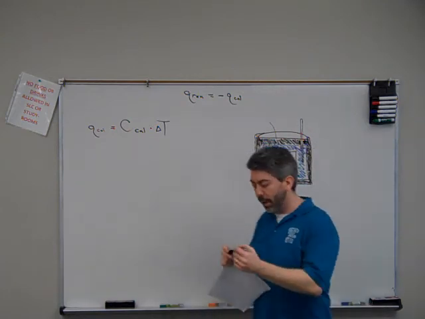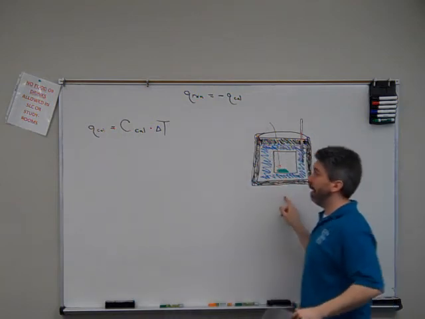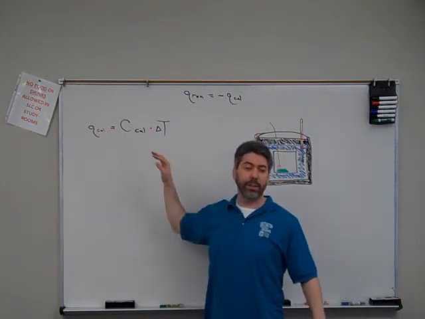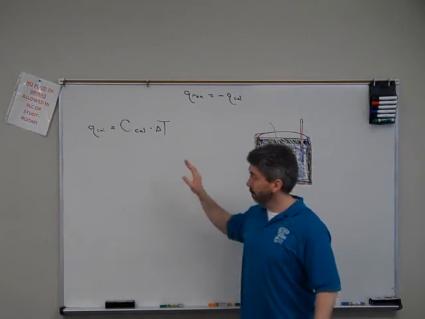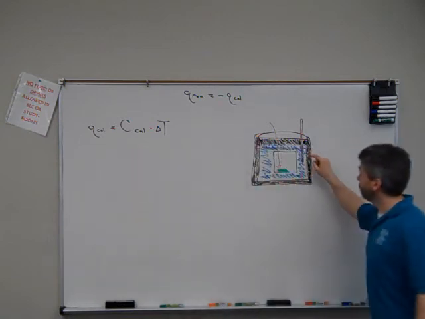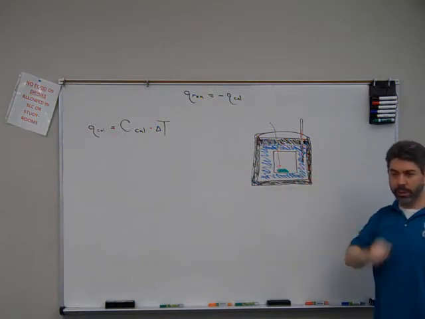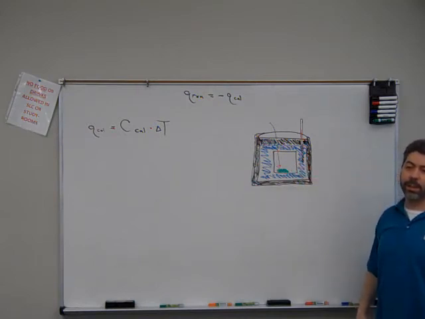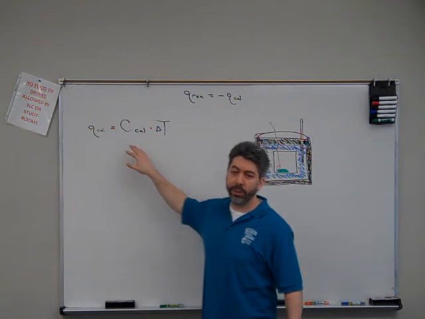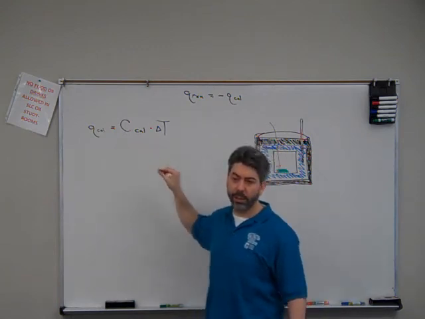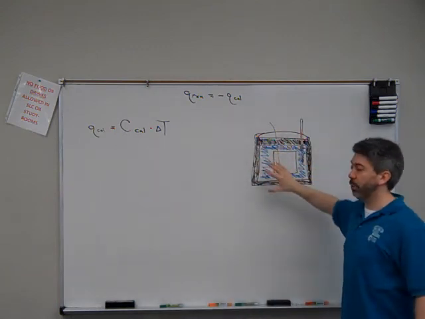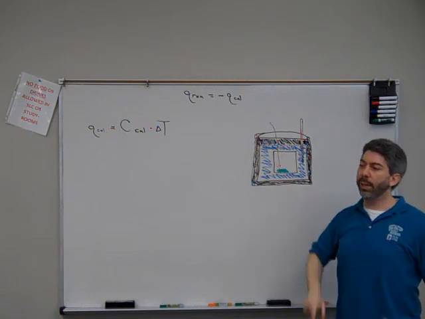And usually with these bomb calorimeters, their heat capacity is measured in the lab, so you know exactly how much energy it takes to increase the temperature of this whole thing by 1 degree Celsius. Like, it'll give you like 12 kilojoules per degree Celsius. So it takes 12 kilojoules to raise the temperature of this whole thing by 1 degree.